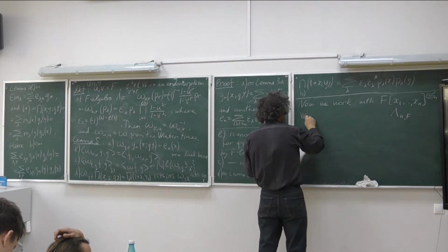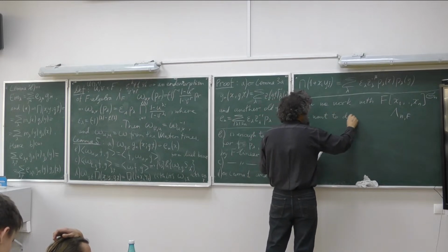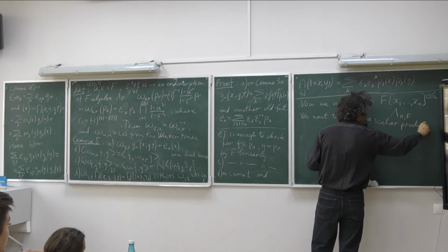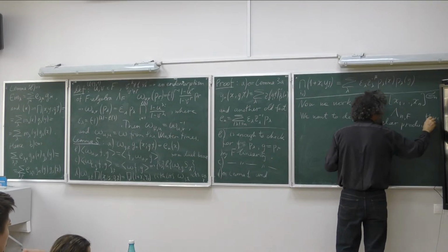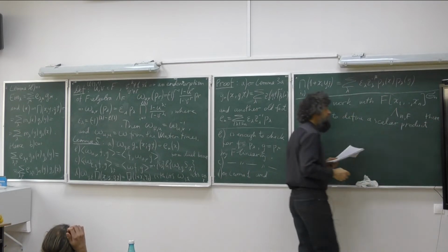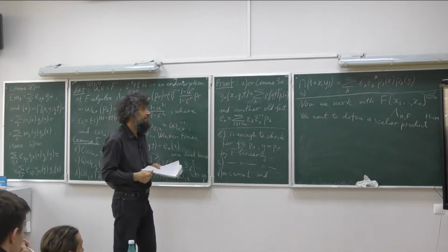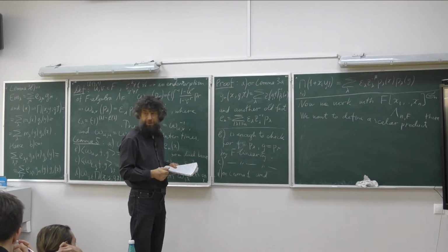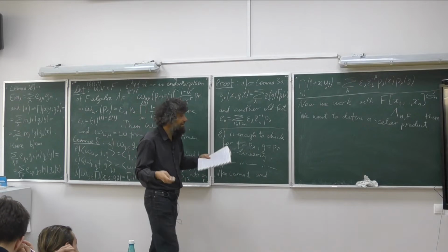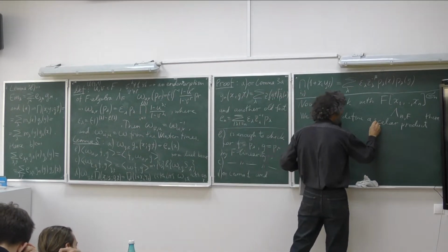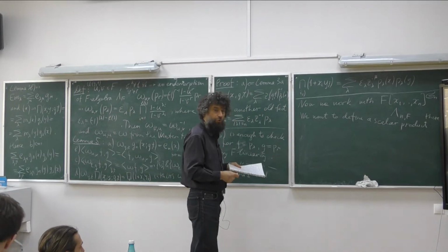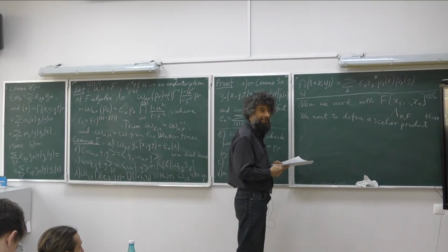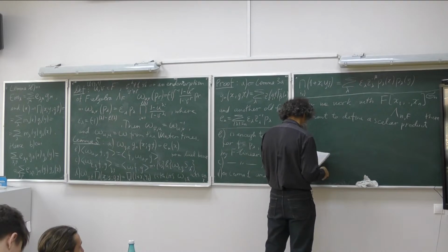So we want to define a scalar product there, but the problem is that we had certain bases, and then we defined their dual, but now our bases are not bases in here. We have to impose certain restrictions on the number of variables, and that's what we will do now.